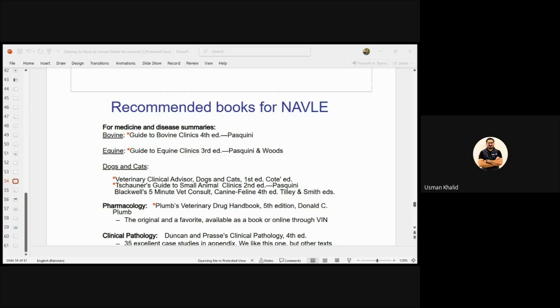For example, if you have command on canine distemper, whether you study it from a million books, it will be the same. Maybe you will get one or a few variable signs or things, but you have a great base on canine distemper, or on your coccidioidomycosis. So this is really important.